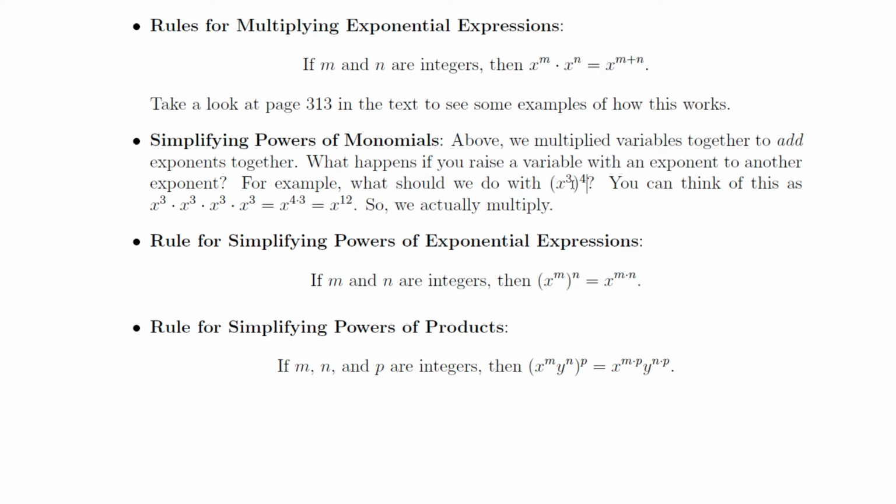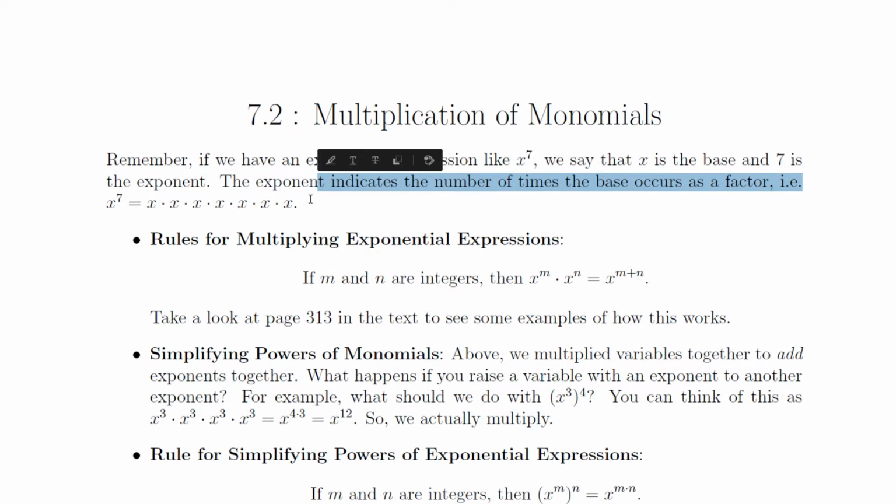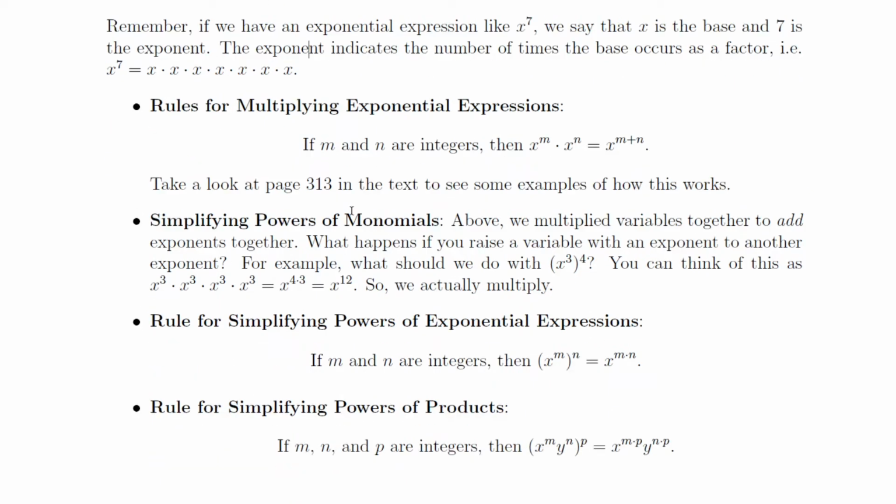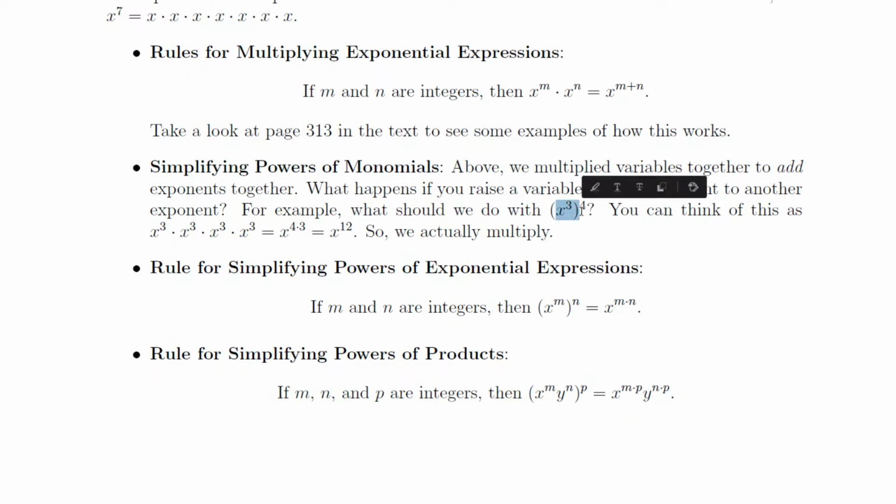If we use the same rule we had up above, you treat this like it's your base 4 times. So you've got x to the 3rd times x to the 3rd times x to the 3rd times x to the 3rd. That's the same thing as x to the 3rd times 4, which is equal to x to the 12.